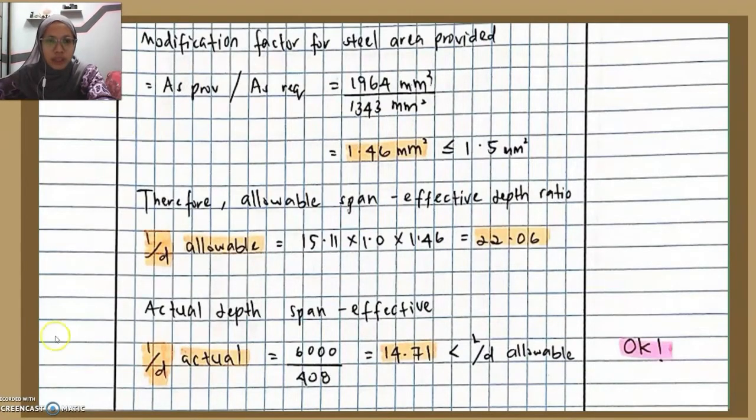Modification factor for steel area provided, we get the answer 1.46, which is less than 1.5. Therefore, allowable span effective depth ratio, L over d allowable, we get the answer 22.06. So the actual span effective depth, L over d actual, we get the answer 14.71, which is less than L over d allowable. So the answer will be okay.